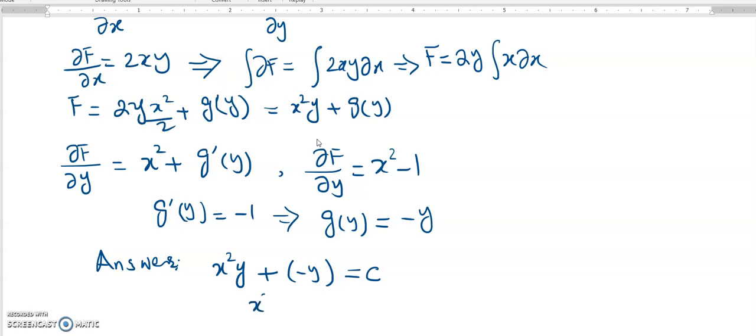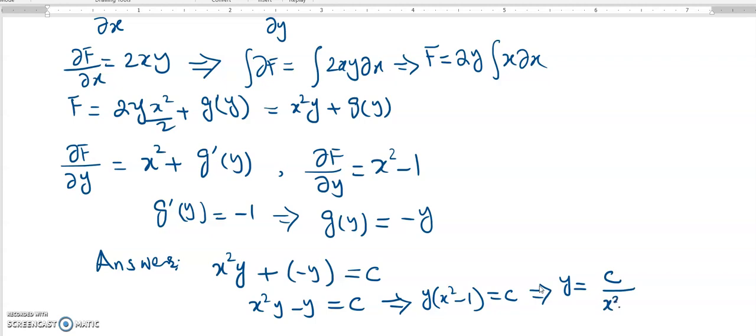Therefore x squared y minus y is equal to a constant. With some simplification, we can write this as y is equal to c over x squared minus 1. This solution holds true for all values except x equal to 1.